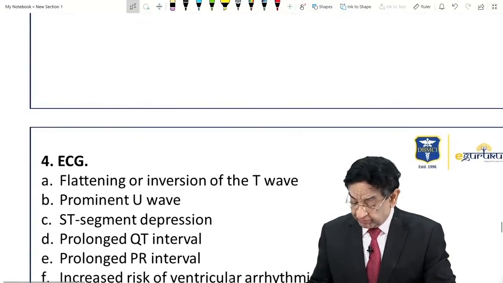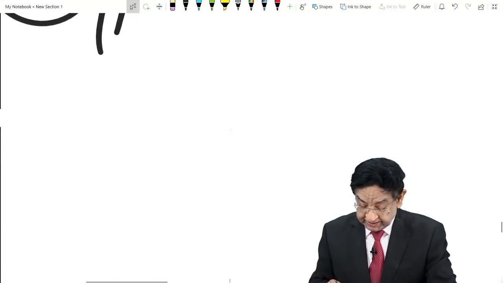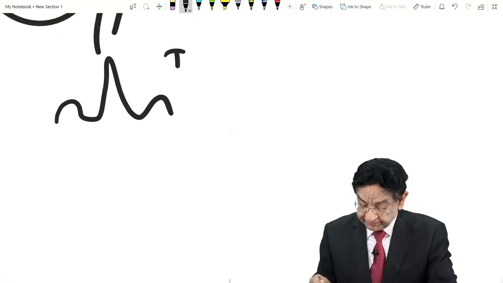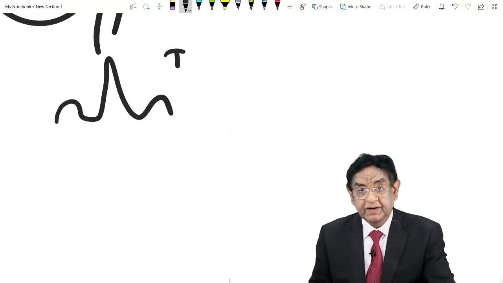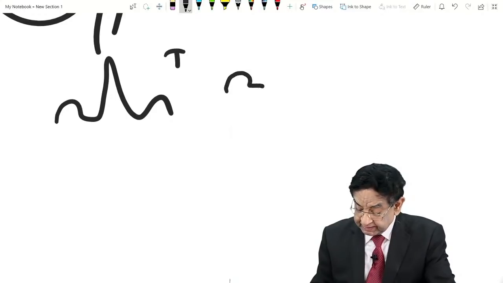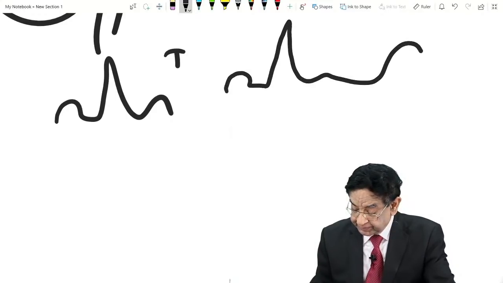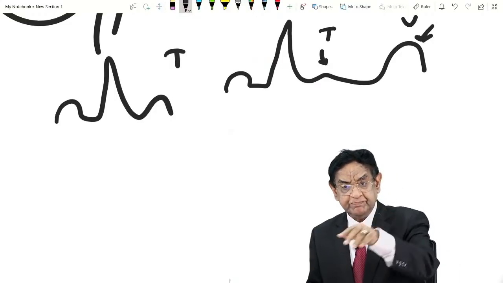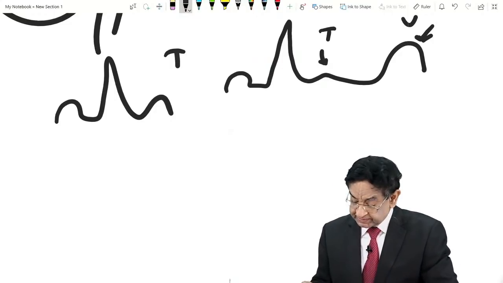So let's learn what the ECG findings are. This is the normal finding, T wave. When hypokalemia starts occurring, T becomes shorter and a prominent U wave appears.